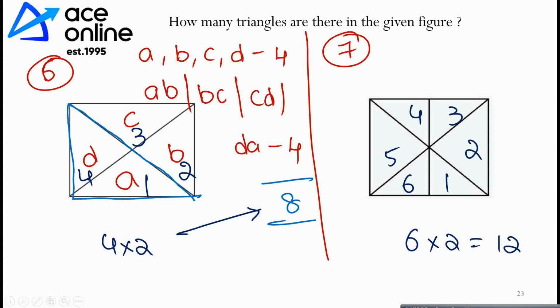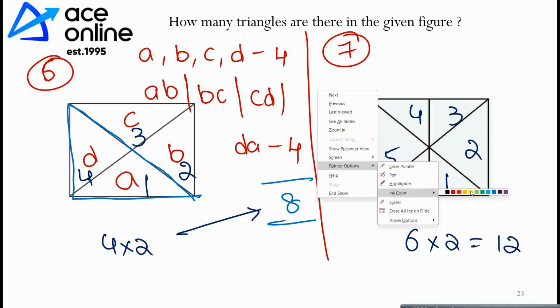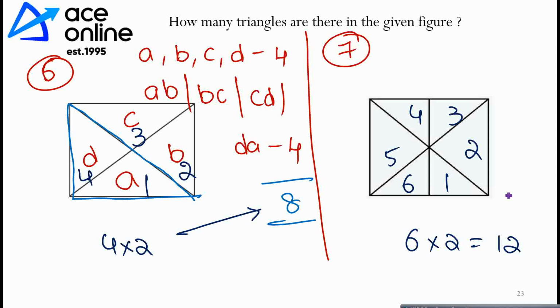Provided two diagonals are available. I hope everyone knows what diagonals are. This is diagonal one, this is diagonal two. Two diagonals are available in the diagram. Then yes, definitely it's available here. But some people apply it all the time. It works only if two diagonals are available.